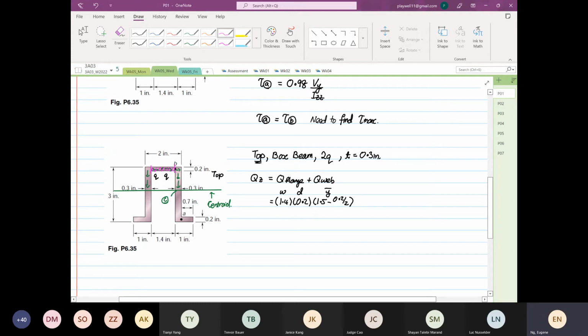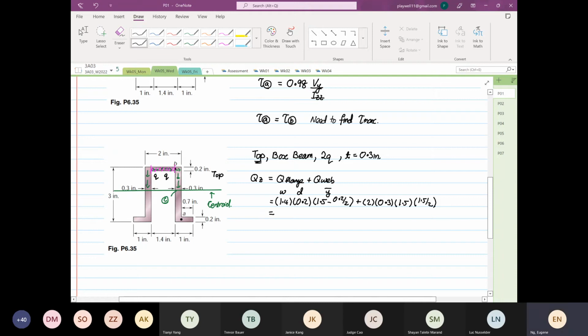Then after that is the web. Okay, so the web, there's left and right. So this is 2, right? The width is 0.3. The depth is 1.5 multiplied by 1.5 divided by 2.